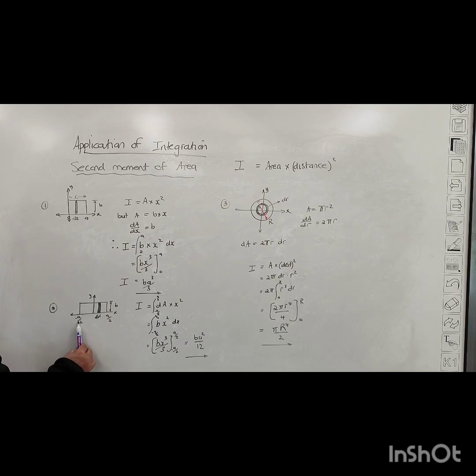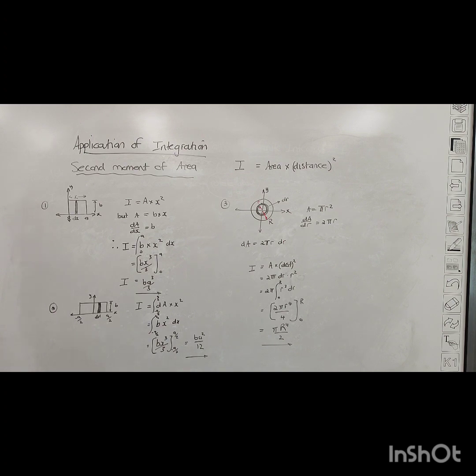So this will be your upper and lower limit now, plus a over 2 and minus a over 2. The rest is all the same as the first one. You've got your dA times your area times your distance squared. Substitute in, integrate, substitute in the values, and my basic first principle answer will be b a squared over 12.